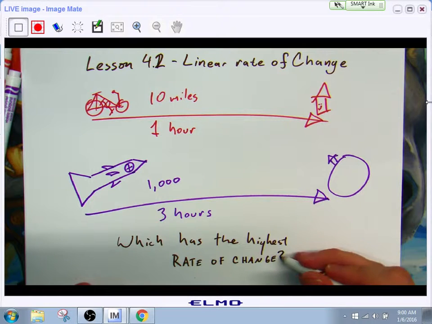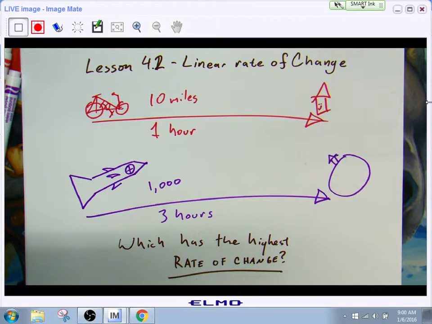And the question is, what do I mean when I say rate of change? What is rate of change when we're talking about it in this regard? Well, in this case, we're talking about speed. We're talking about how fast something moves, right?